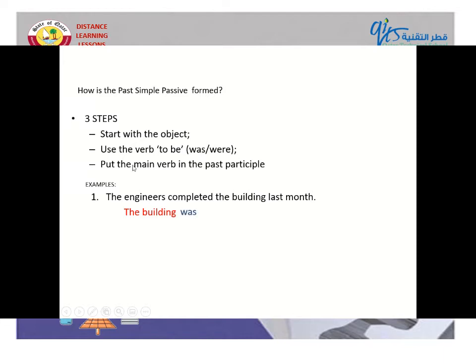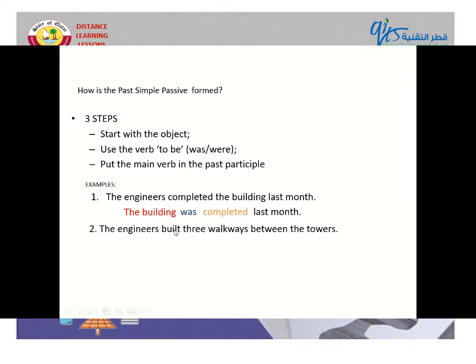Step 2, done. Step 3, put the main verb in the past participle. So where is your verb? Completed. And the past participle is also completed because the verb complete is a regular verb. Step 3 also done. So then now we need to complete our sentence. Last month.